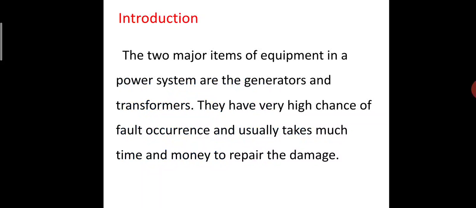Introduction. The two major items of equipment in a power system are the generators and transformers.